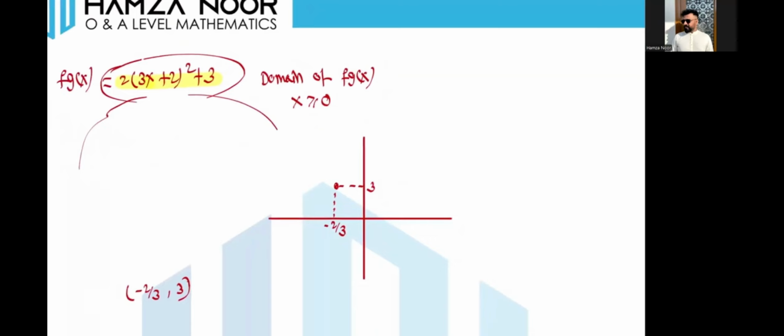If there was not any restriction on the graph, the quadratic graph would look something like this. However, there is a restriction that the domain of f of g of x is x greater than or equal to 0. So this essentially means that we are interested in finding the y-intercept over here.